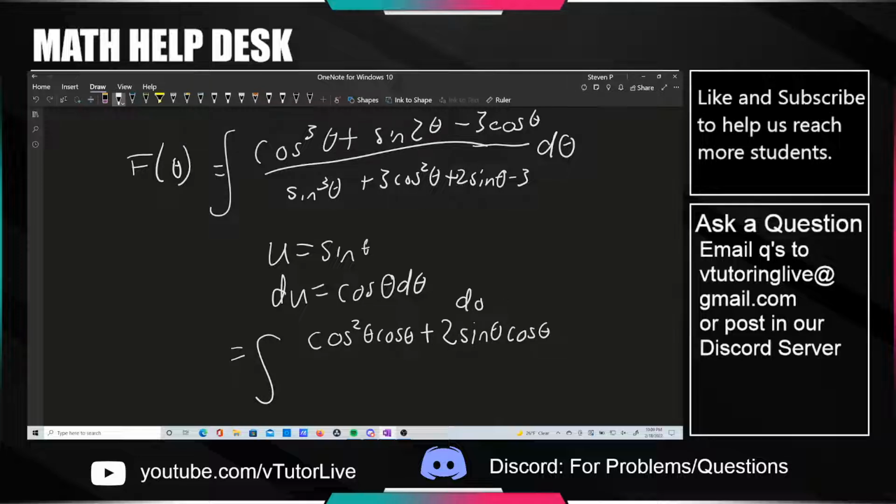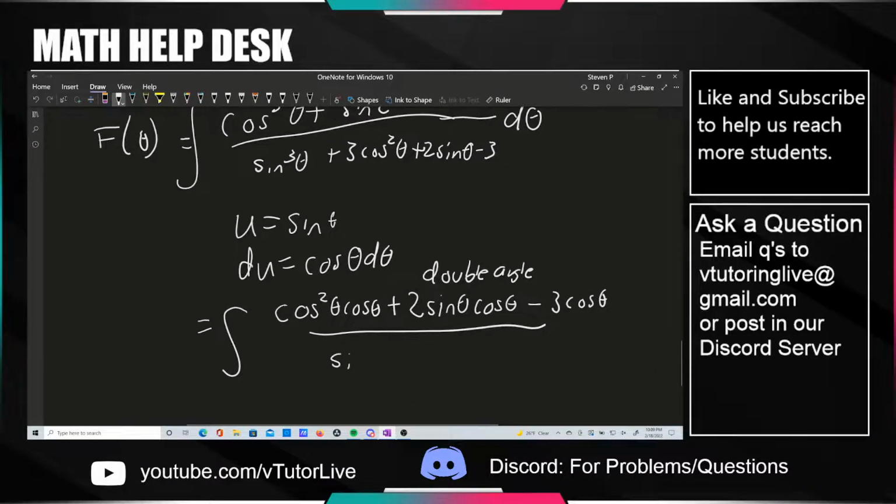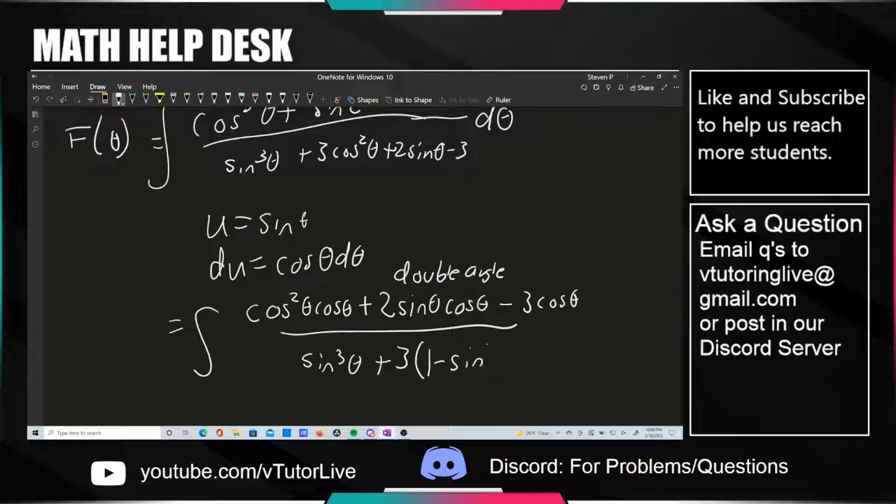Yes? So that's the double angle identity. Minus 3 cos theta. That's all divided by sine cubed plus, now I'm going to use another identity, this turns into 1 minus sine squared theta plus 2 sine theta minus 3. So that's going to be d theta.